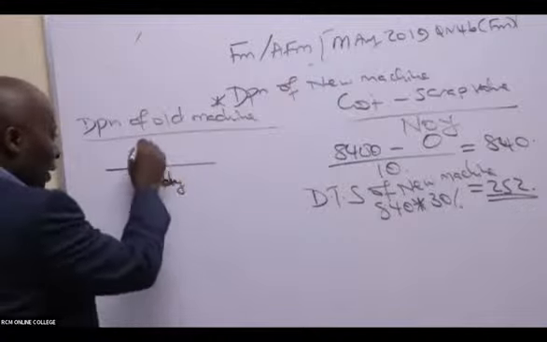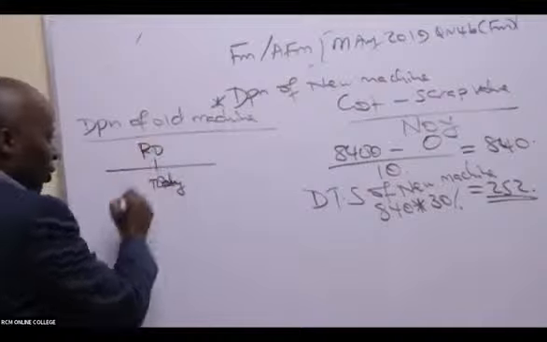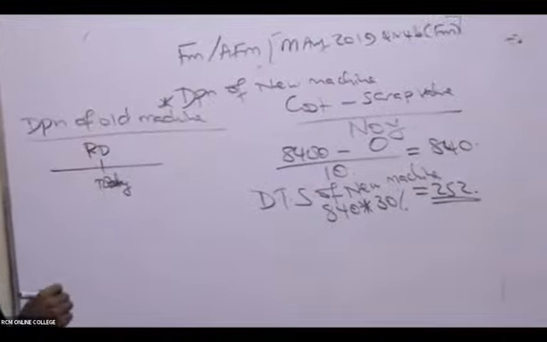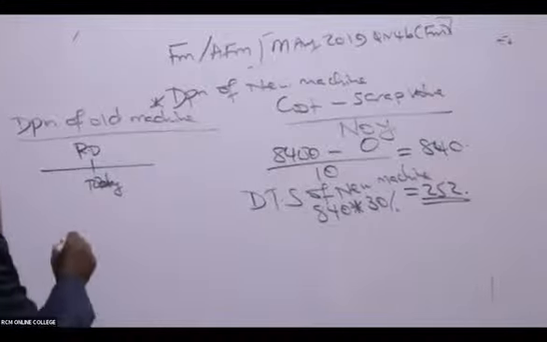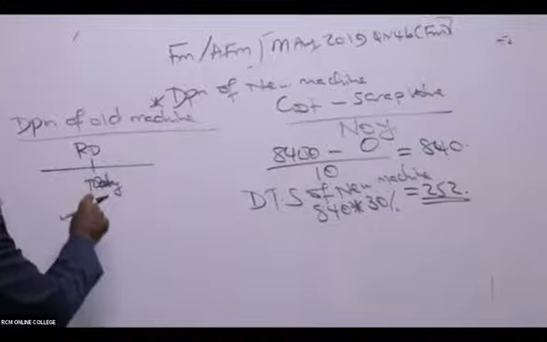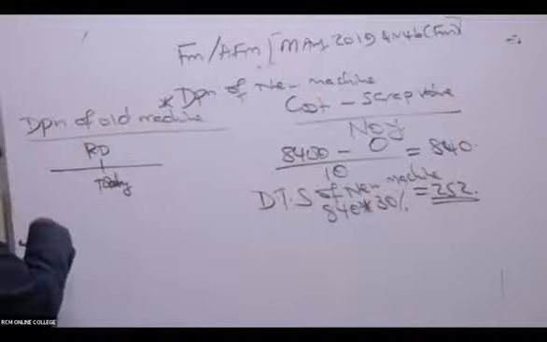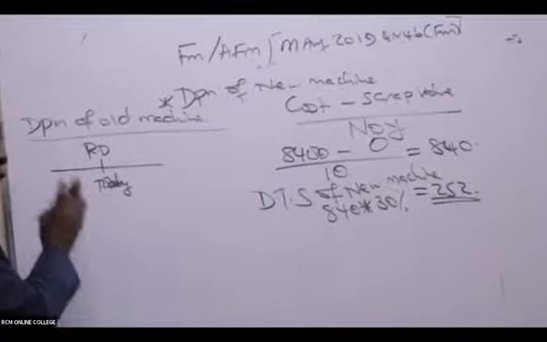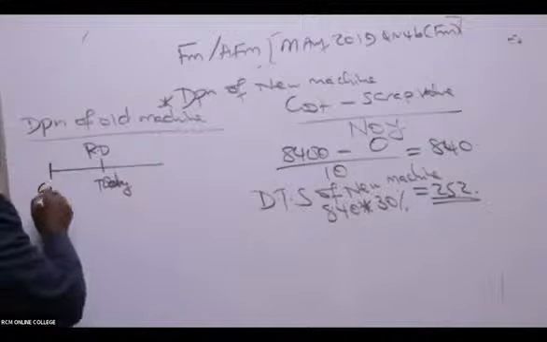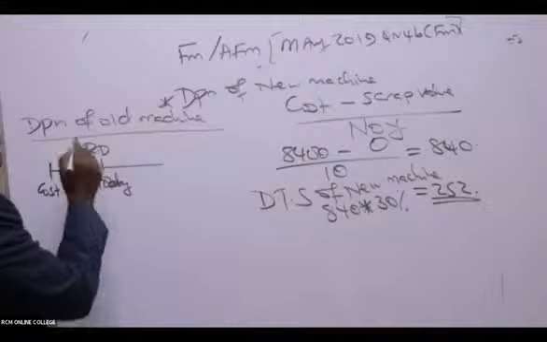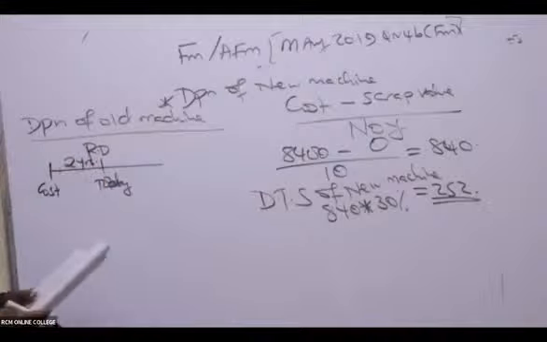When we want to make what we call the replacement decision, today, when we want to make this replacement decision. So today, we are told this old machine, the existing machine was acquired how many years ago? It was acquired 2 years ago. At what cost?